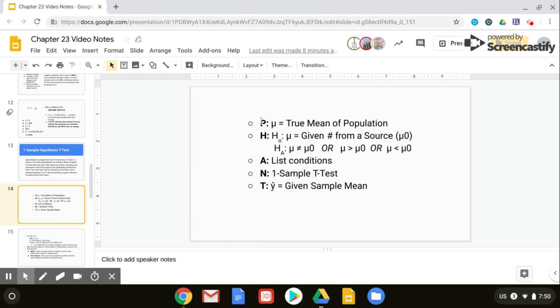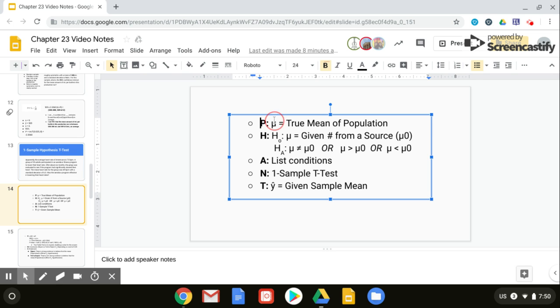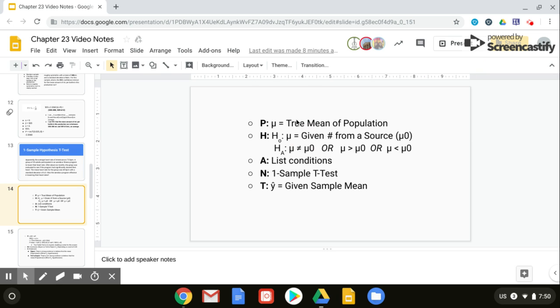Here we have the P from PHANTOMS, with mu equaling the true mean of the population. The hypotheses, I guess, in this context would be H0 with a mu that equals the given number from a source.